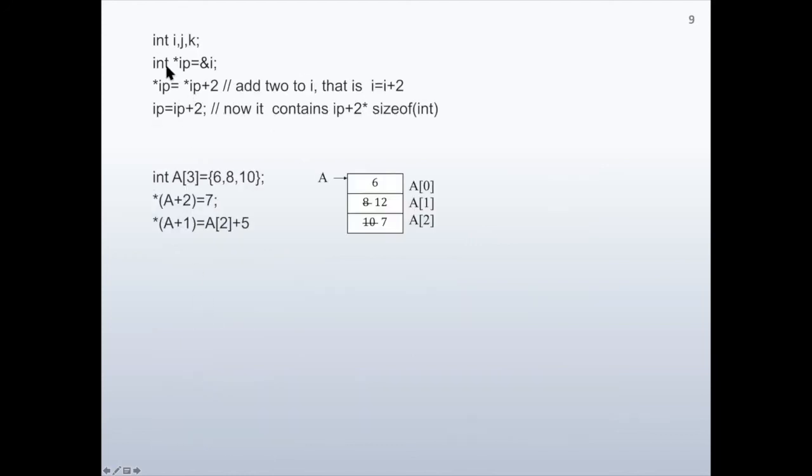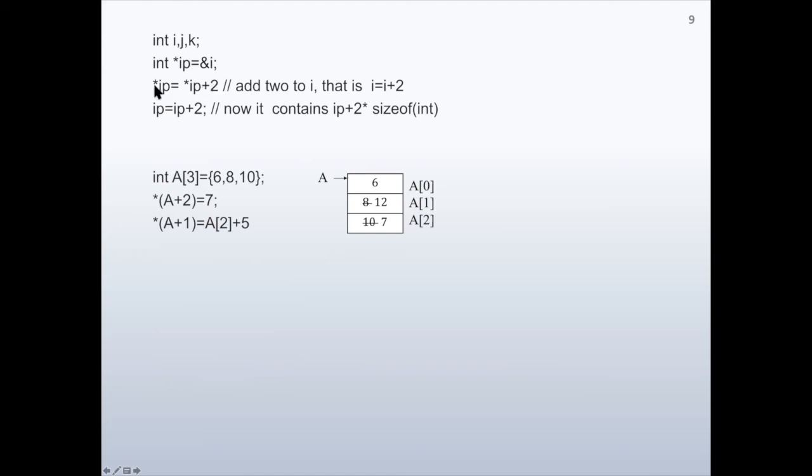Another example: integer i, j, k, these are integer variables. Integer pointer IP initialized with the address of I. The item pointed by IP is assigned the value of the item pointed by IP +2.